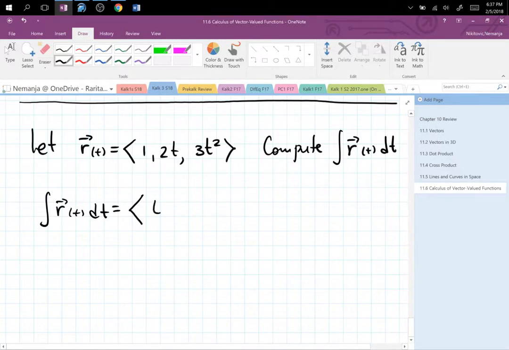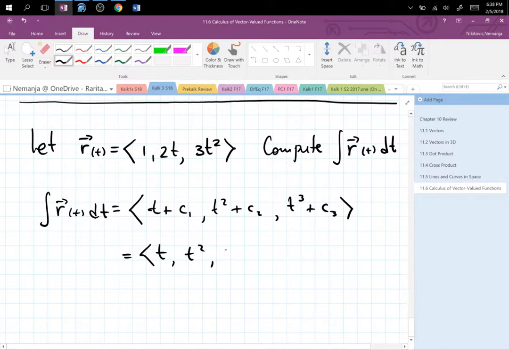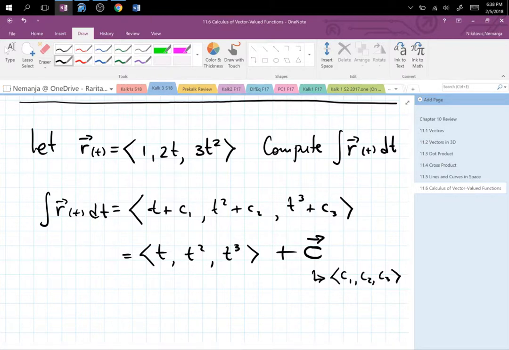So we have t plus c1, t squared plus c2, and t cubed plus c3. You can also write this as a vector t, t squared, t cubed plus vector c, where the vector c is clearly c1, c2, c3. You can do that as well. All right, whatever makes you happy, because your happiness is our primary concern here.